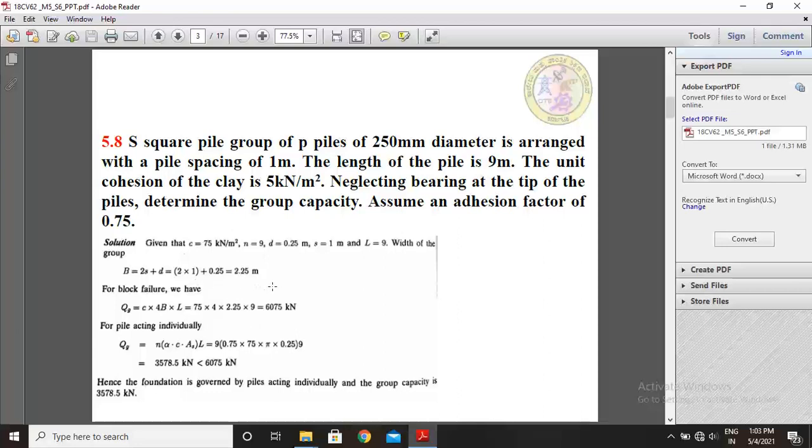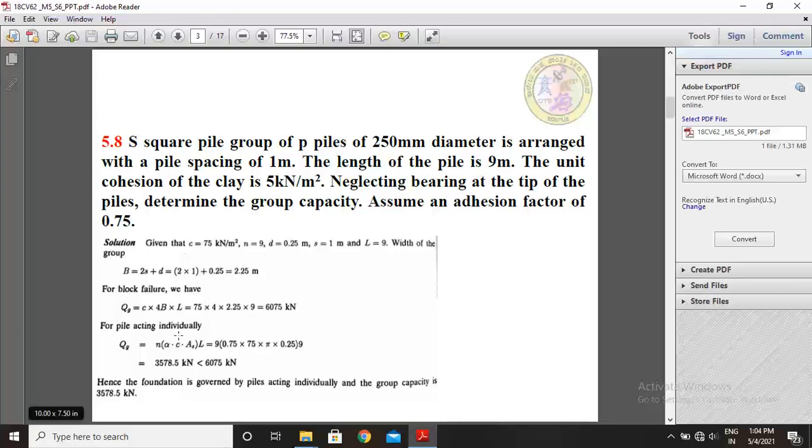So this is 2.25 meter B. For block failure we have QG equal to C into 4B into L. So substitute the values in this equation. C is 75 into 4 into B is 2.25 into L is 9. So we are getting 6075 kilonewtons.